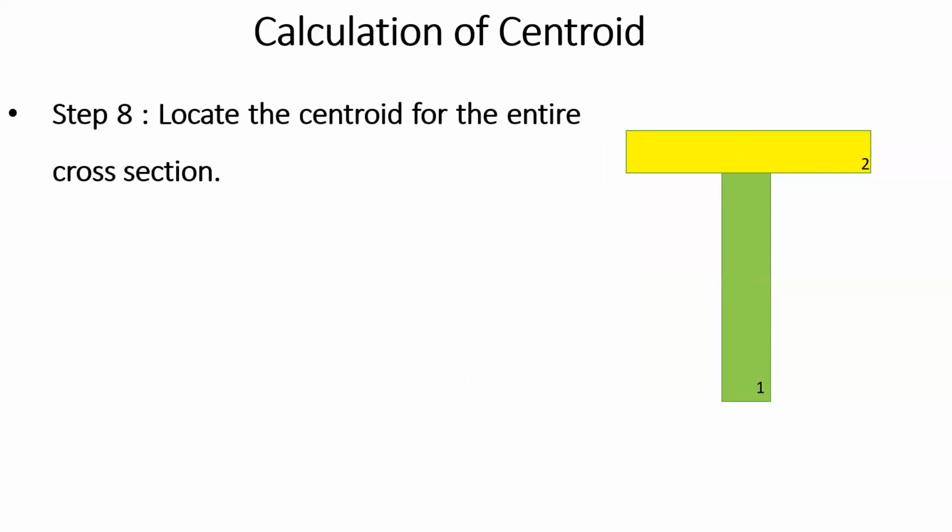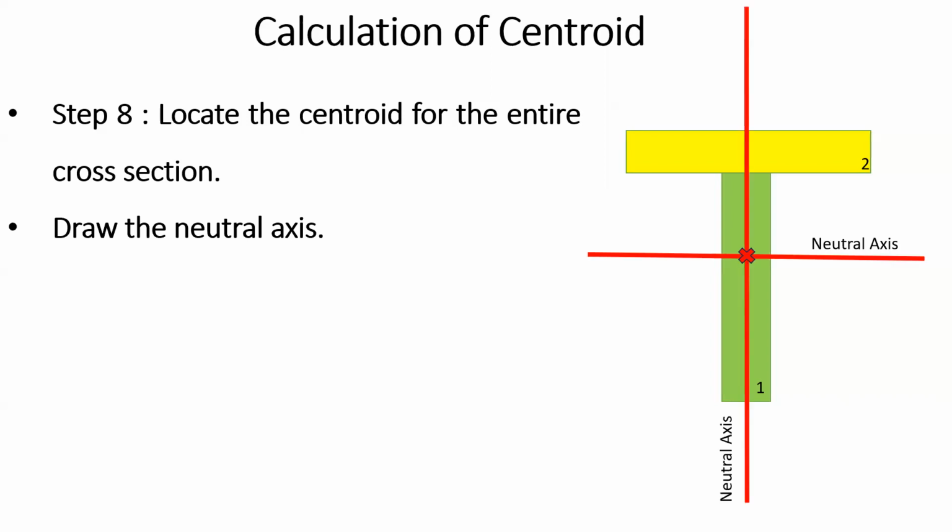Having found the values of x bar and y bar, I'm going to locate this centroid for the entire T cross section, which is now indicated by the X cross. From this, we know the neutral axis for the cross section will pass through the centroid of the entire cross section.